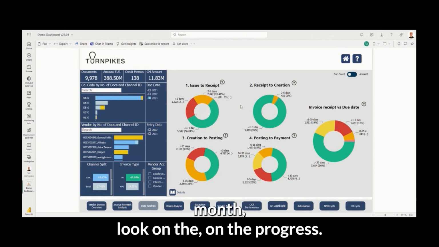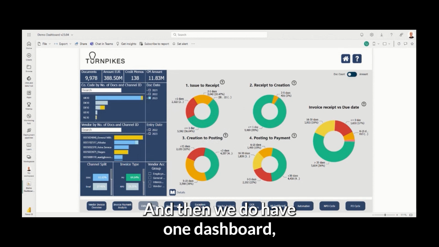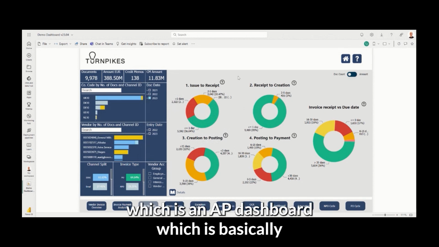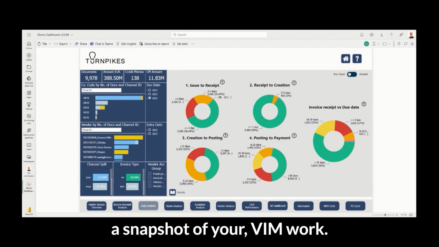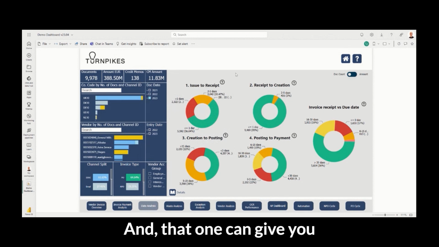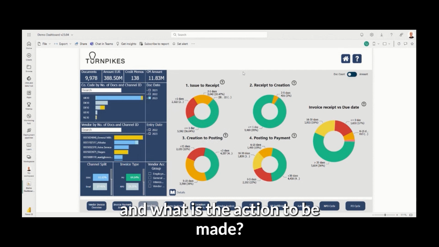And we do have one dashboard, the AP dashboard, which is a snapshot of your VIM work list, and that one can give you daily insight into who is sitting on each invoice and what action is to be made.